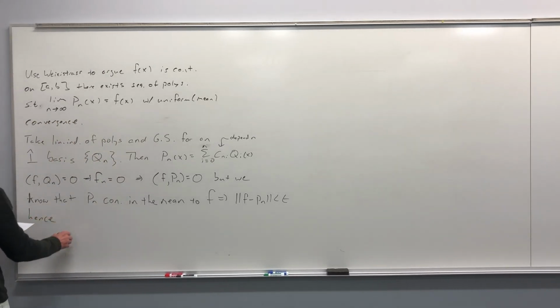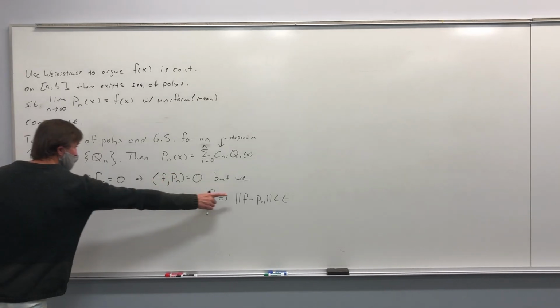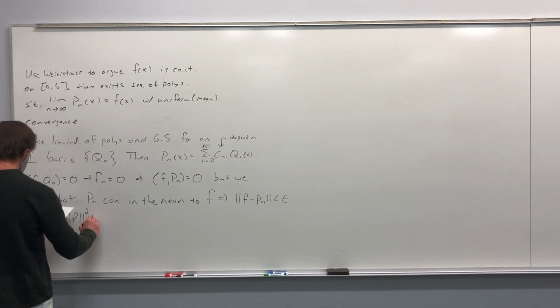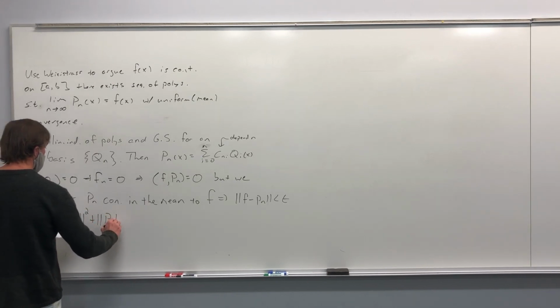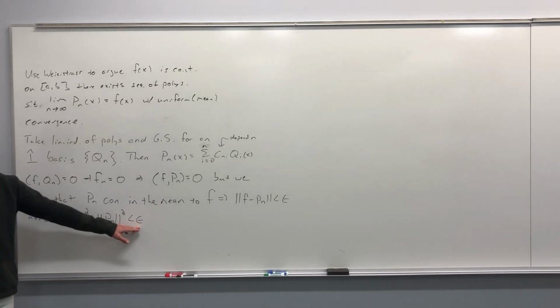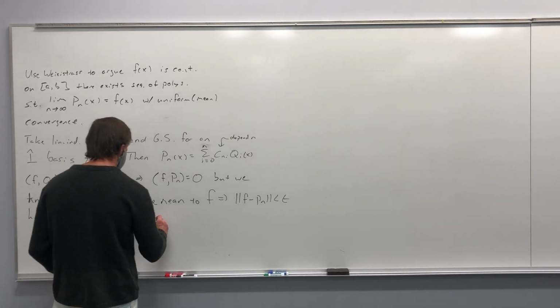Hence, using the fact that these are orthogonal, this inequality becomes the magnitude of F squared plus the magnitude of Pn squared is less than epsilon. But we can take epsilon to be as small as we want. This is the sum of two positive things, and so F goes to 0 almost everywhere.